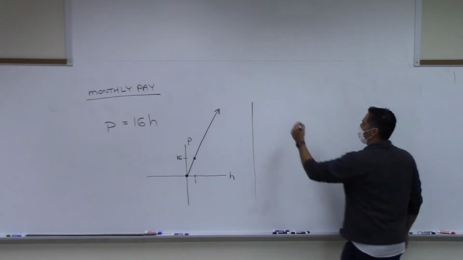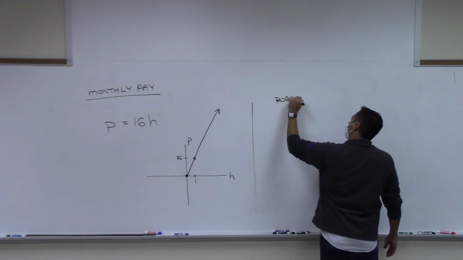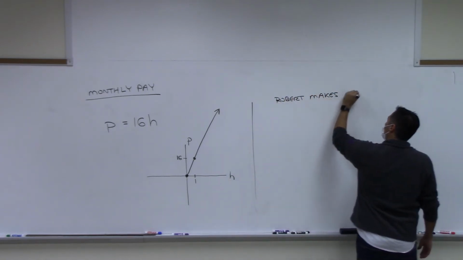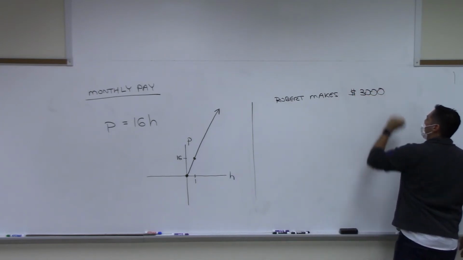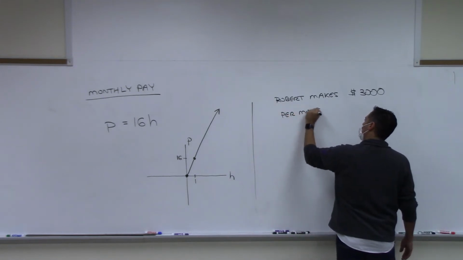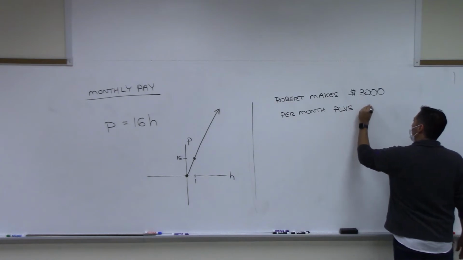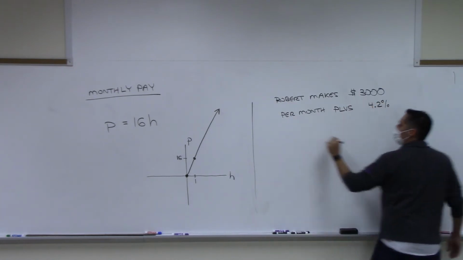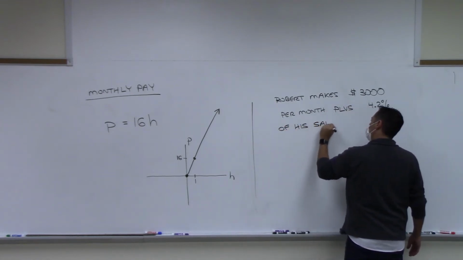Okay, so let's say that Robert makes, I'm totally making this up because I have no idea how much it is for real, $3,000 per month plus 4.2% of his sales.